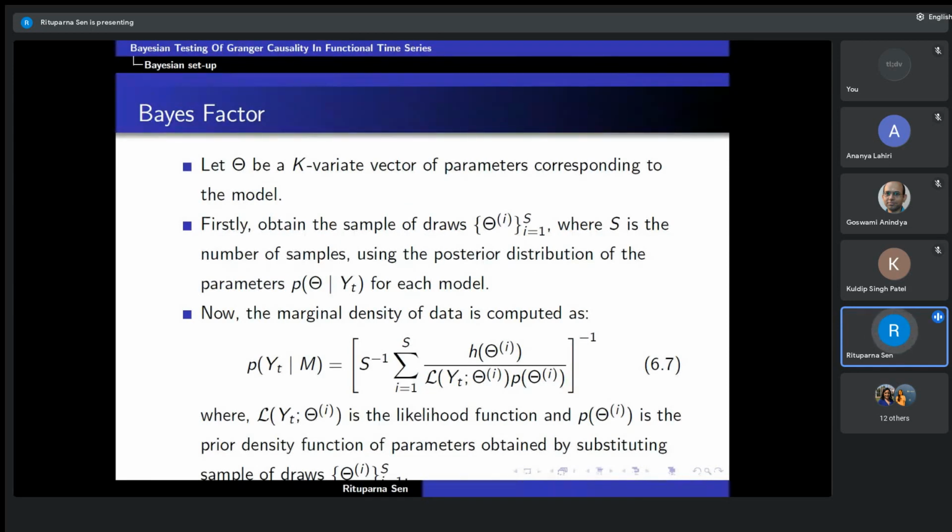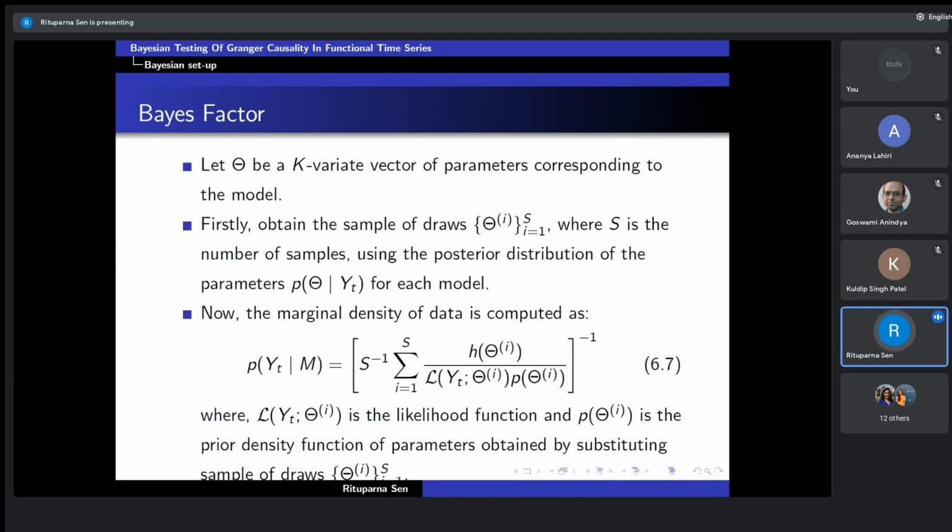First we obtain sample draws from the distribution of theta, and N_s is the number of samples. We draw these from the posterior distribution. So we have the prior, we have the data, we can obtain the posterior. From the posterior, we are taking sample draws.